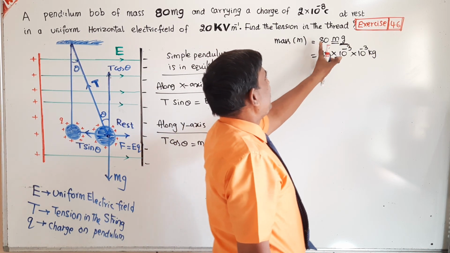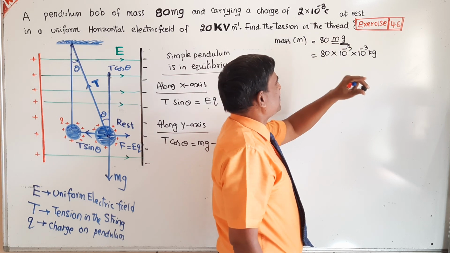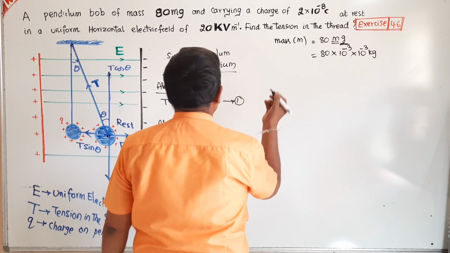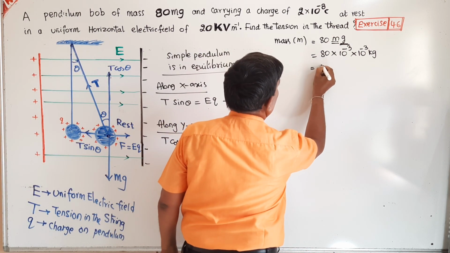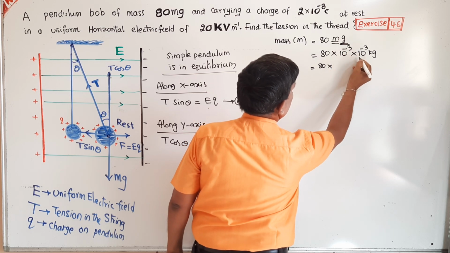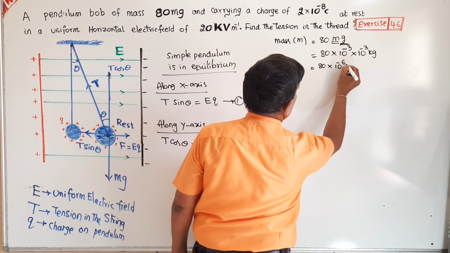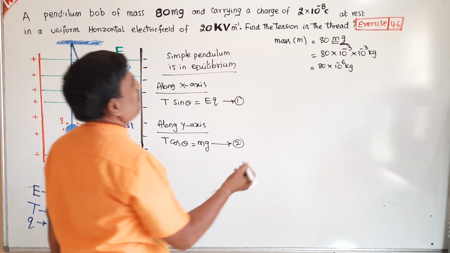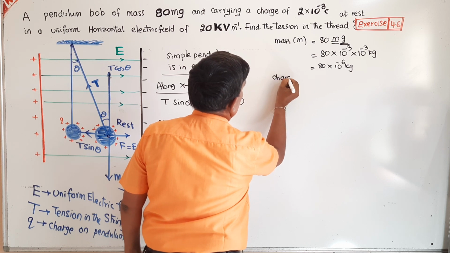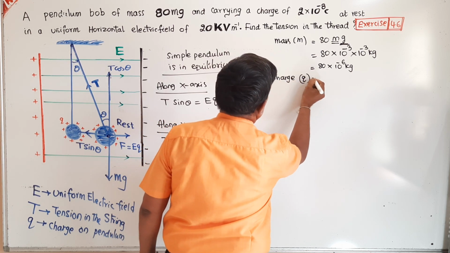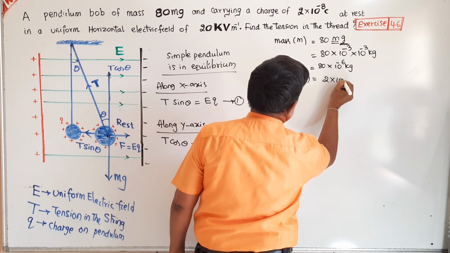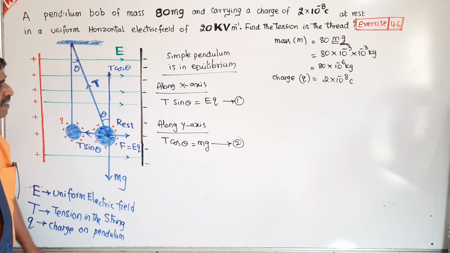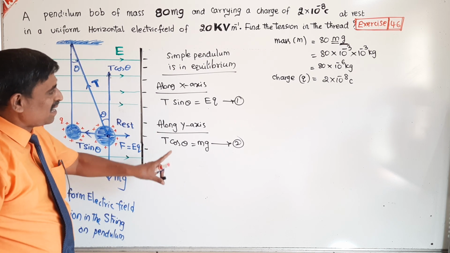So 80 into 10 power minus 3 into 10 power minus 3 is 80 into 10 power minus 6 kg. This is the mass. Charge is given. Charge on the pendulum, Q, is equal to 2 into 10 power minus 8 coulomb. Now please listen here. We need the tension in the string.